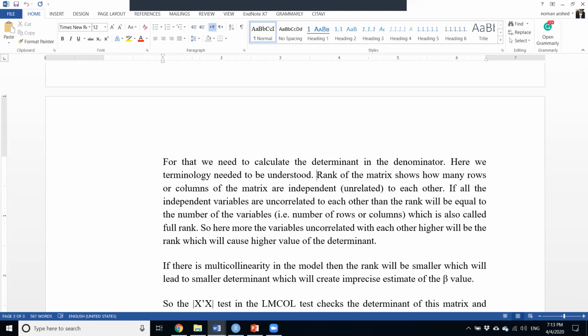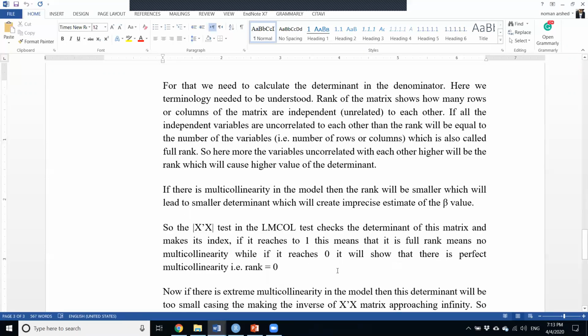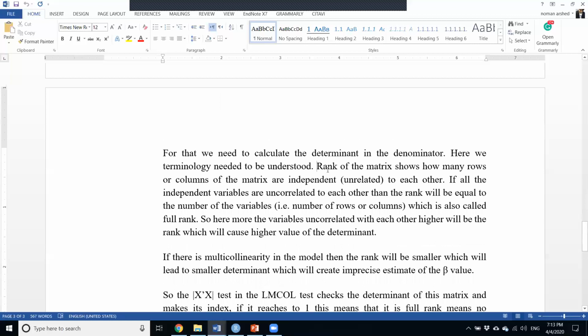If the rank is high, the determinant will be nearer to 1. So the rank of the matrix shows how many rows are independent of each other. If all the independent variables are uncorrelated, the rank will be equal to the number of variables. So it's a full rank.